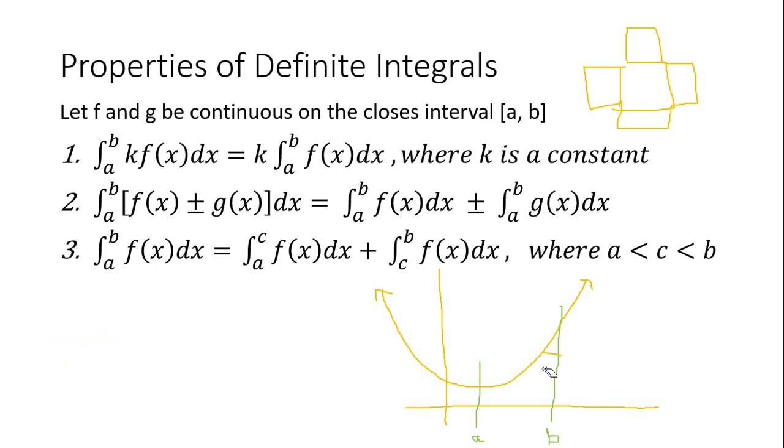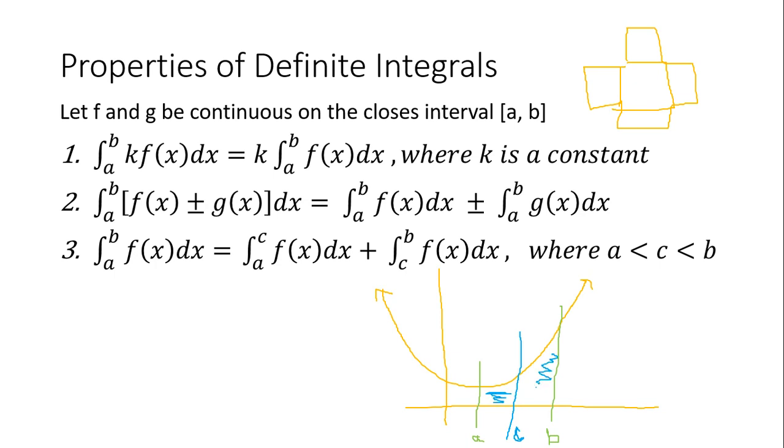But the tool we do have here is mathematically, if I was to split this area into a third space, this area plus this area is still the same area. So this is our method.